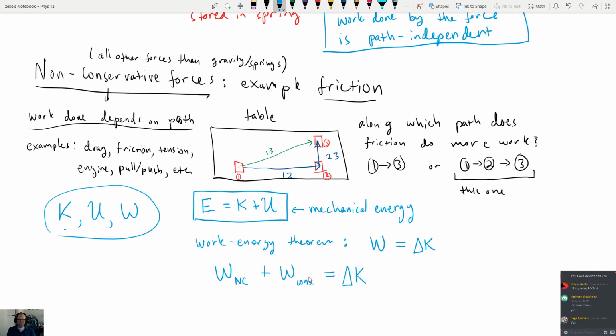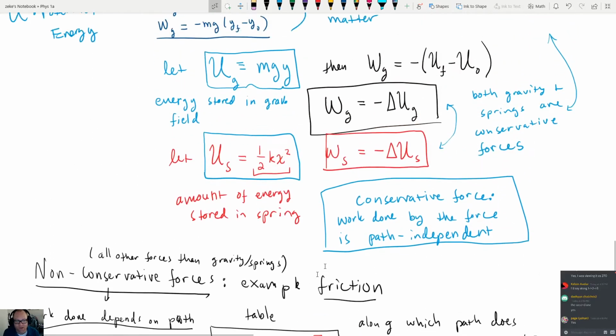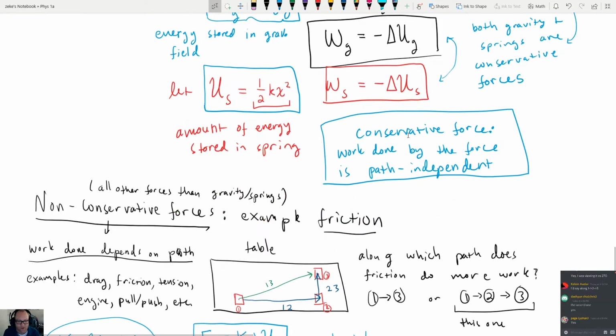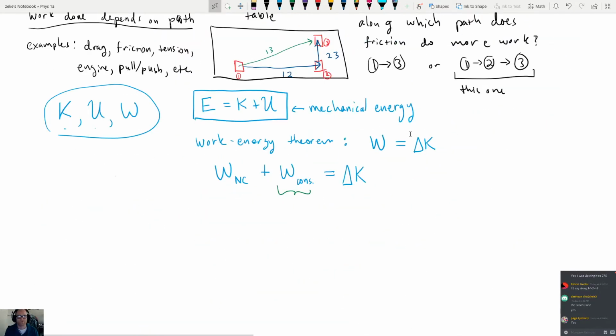But when we talk about a conservative force, there is something that we can do with this. We can say that the work done by a conservative force, if we go back and look at our two examples, the work done by gravity and the work done by springs were both conservative forces, and in both cases, the work done was equal to the negative of the change in potential energy. Right? So we can replace the work done by a conservative force.